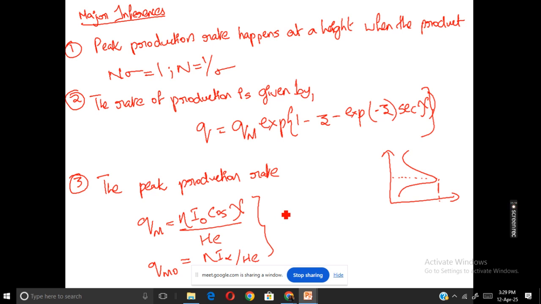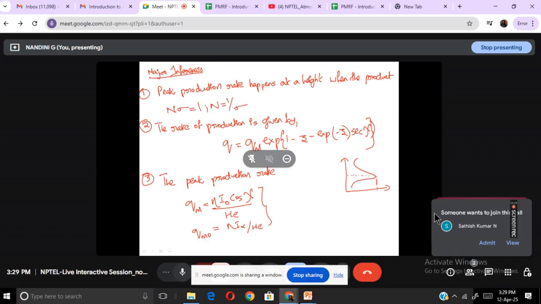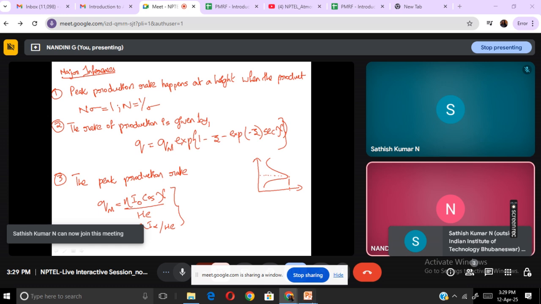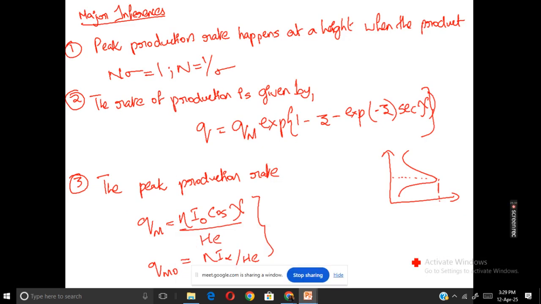So the peak production is independent of the cross sectional area that is absorbing this radiation. This basically means it is independent of sigma. The peak production is independent of the absorption cross-sectional area.